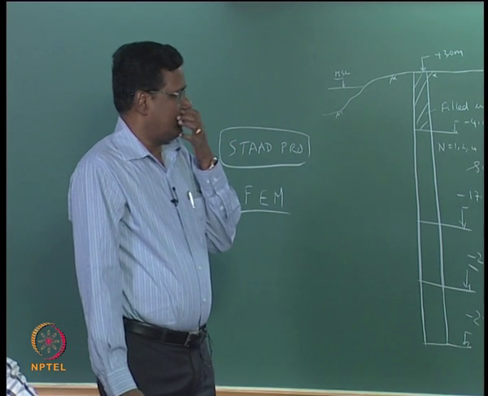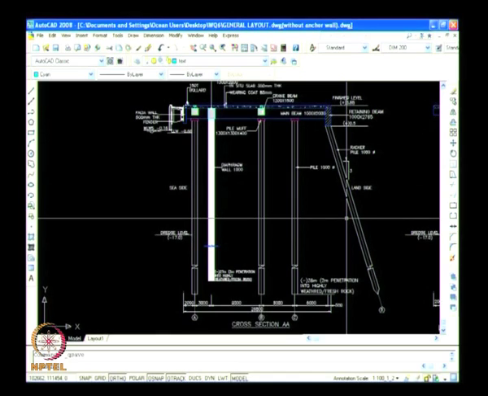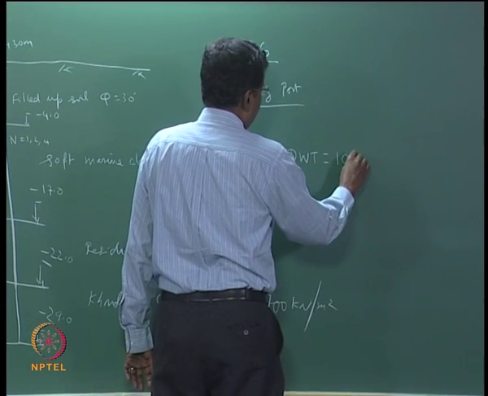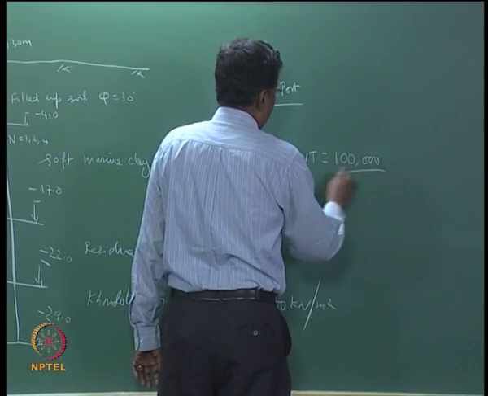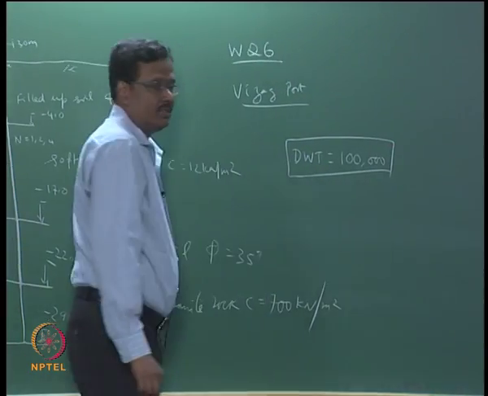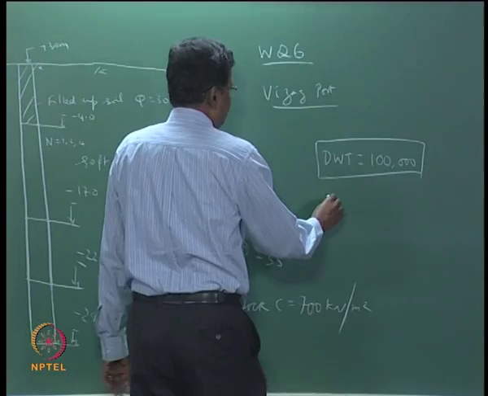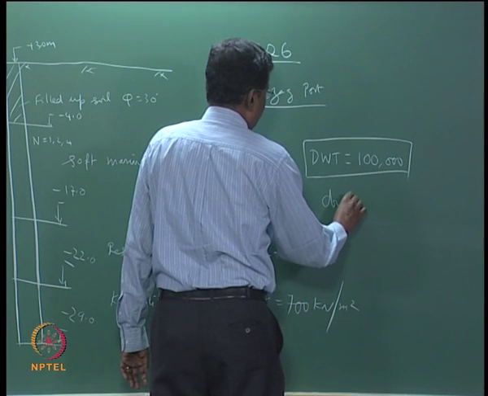First of all, what we have to do is find out the size of the vessel, the dead weight tonnage. Dead weight tonnage is about 100,000. This is the size of the vessel which you want to design. One of the important parameters for this is the draft.